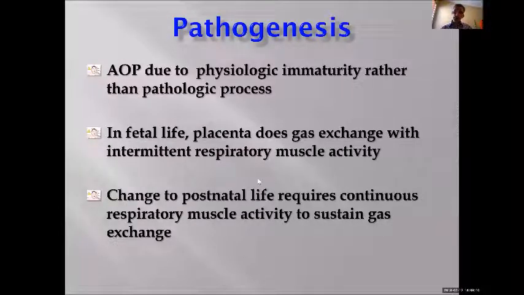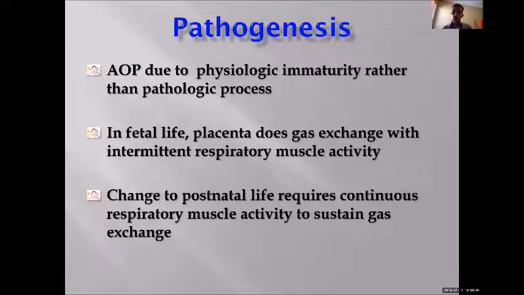So apnea of prematurity is different from term apnea. Term apnea is pathological. However, apnea of prematurity is due to physiological immaturity. It's not a pathological process. The reason is that in fetal life, there is placental exchange while breathing is intermittent.